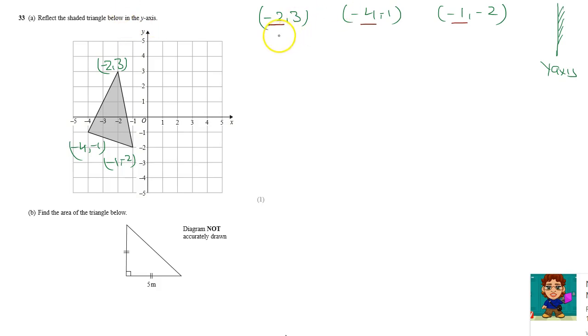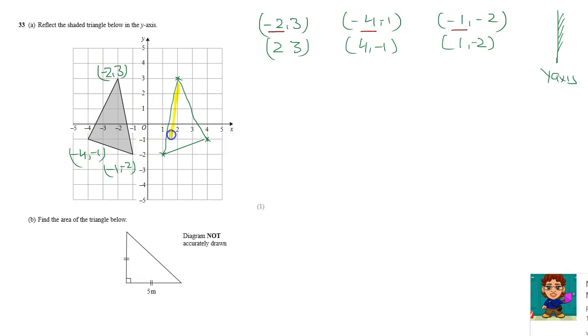So it will become 2, 3, 4, -1 and 1, -2. First point is this, 4, -1, and 1, -2.